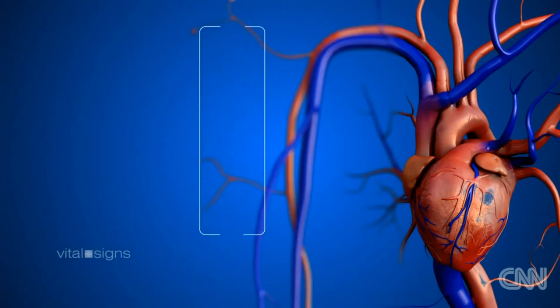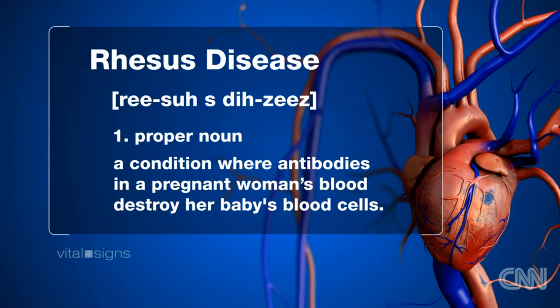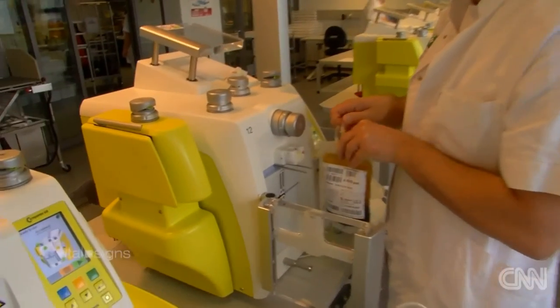Researchers discovered anti-D, and then James was discovered to have this antibody in his blood, which was amazing. It's called rhesus disease, a condition where a pregnant woman's blood starts attacking her unborn baby's blood cells. In the worst case, it can result in brain damage or death for the babies.